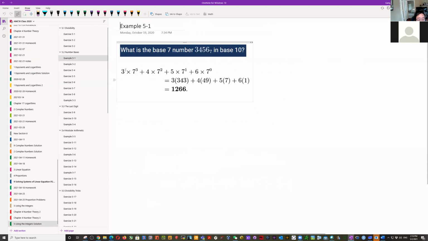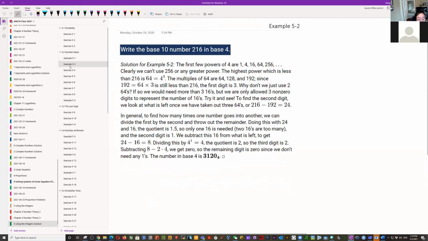If you multiply it out, it's base 7, a position value system based on 7 powers, so the result is 1,266.